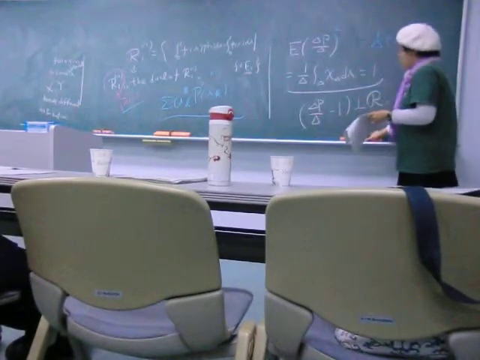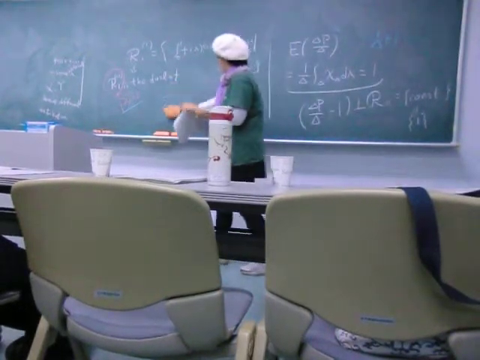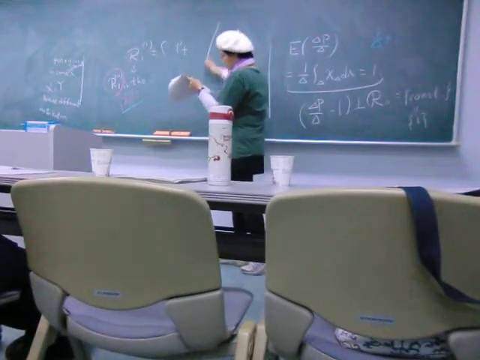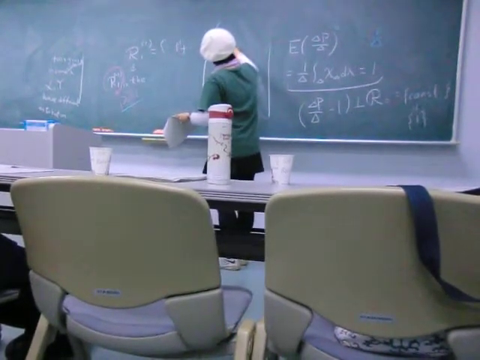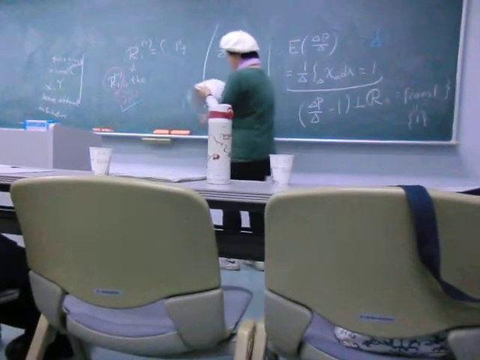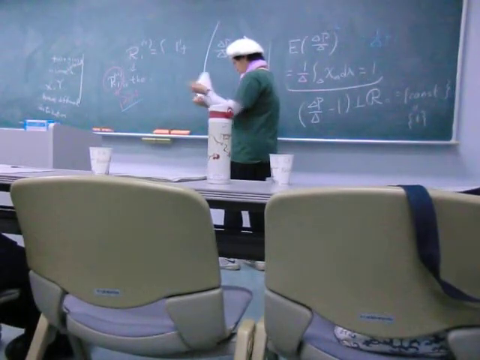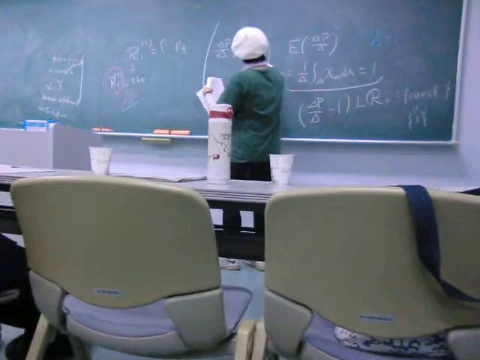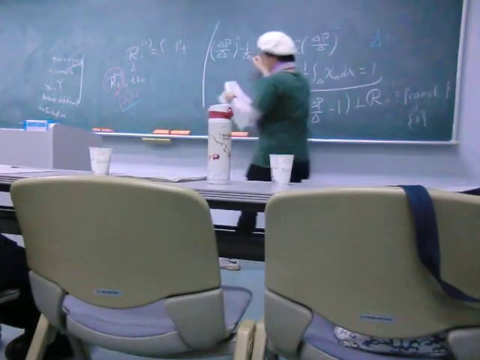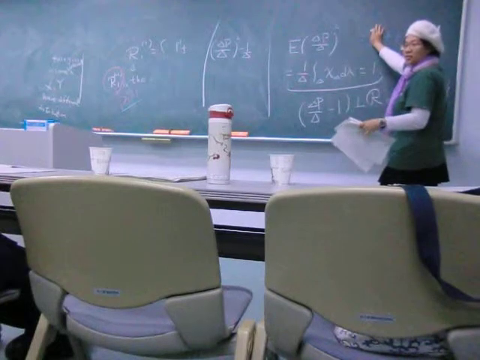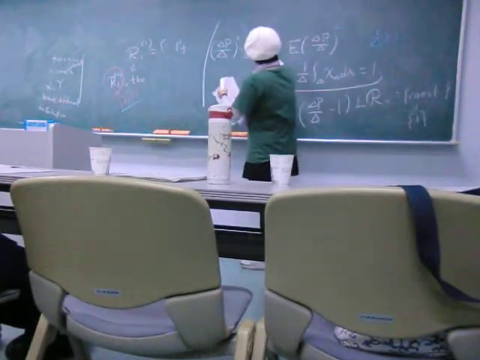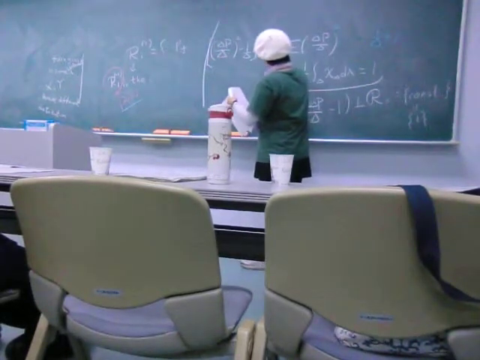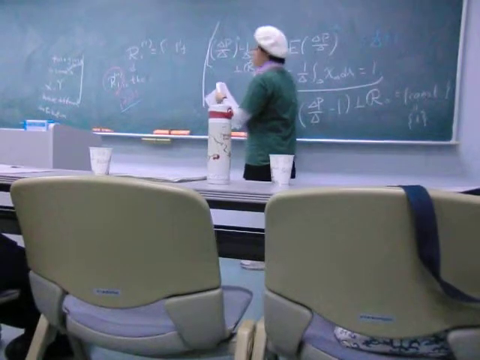So if we have this kind of expectation, we can say, minus 1 over lambda minus this, we can get it is orthogonal to RZ and orthogonal to R1.